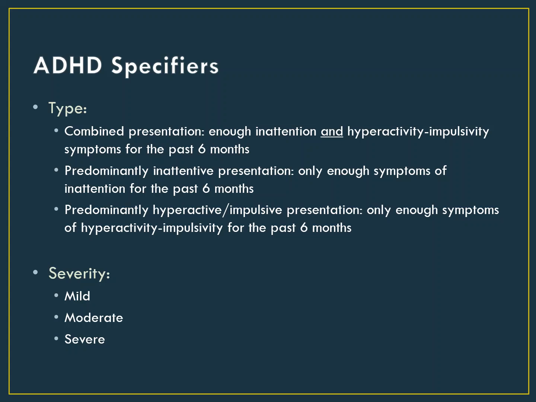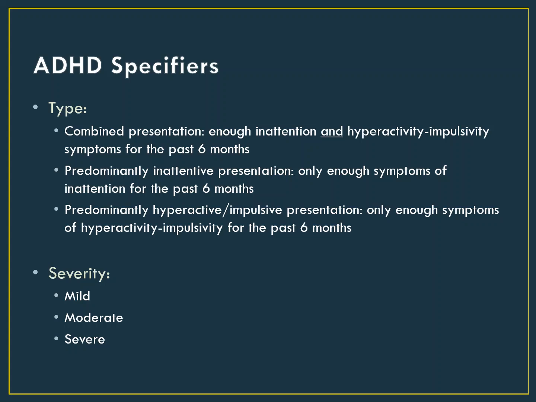ADHD combined presentation. So to be clear, a kid could have 8 inattentive symptoms and 4 hyperactive impulsive symptoms, and this would qualify him for the diagnosis of ADHD, predominantly inattentive presentation, and not the combined presentation, even though he has 12 symptoms altogether. This is because at least 6 symptoms are needed in both domains for the combined subtype.